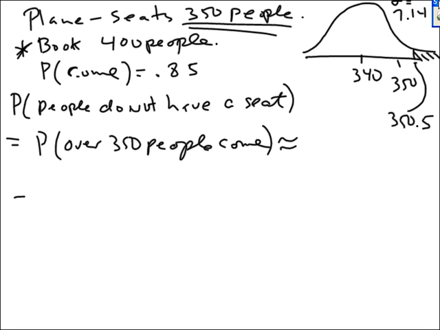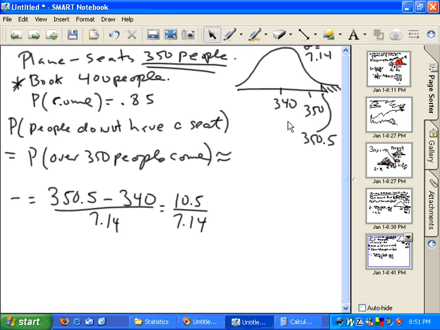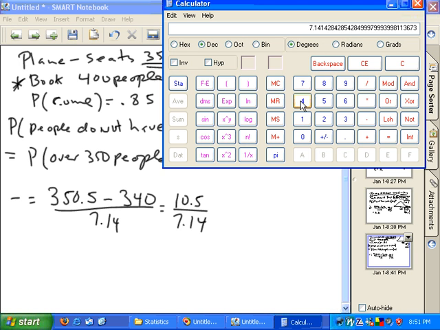So z is equal to x, 350.5, minus the mean, which is 340, divided by sigma, which is 7.14. The top is 10.5. That's between you and your calculator. 10.5 divided by 7.14, I'm seeing a little less than 1.5 here.